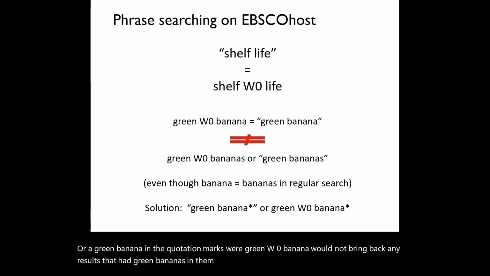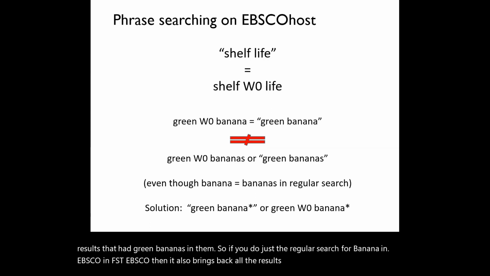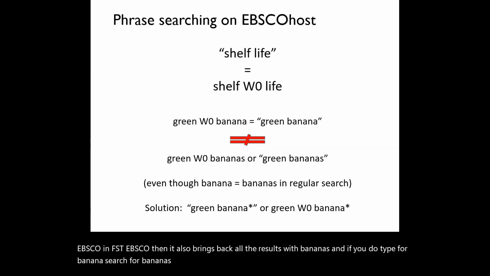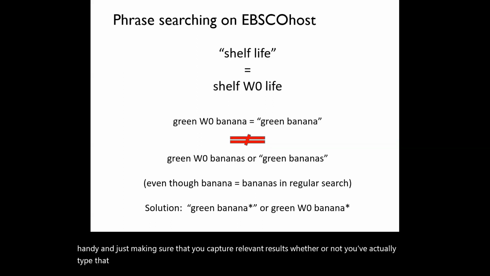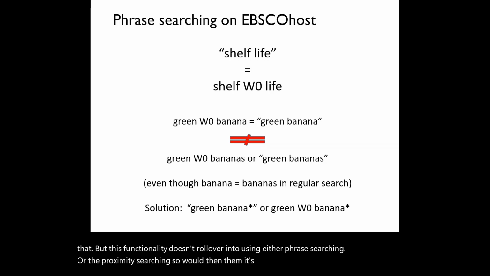So if you do just a regular search for banana in FSTA on EBSCO, it also brings back all the results with bananas. And if you search for bananas as a plural, it brings back all the singular results, which can be really handy in making sure that you capture relevant results, whether or not you've actually typed that. But this functionality doesn't roll over into using either phrase searching or proximity searching. So with them, it's actually only searching exactly what you type.